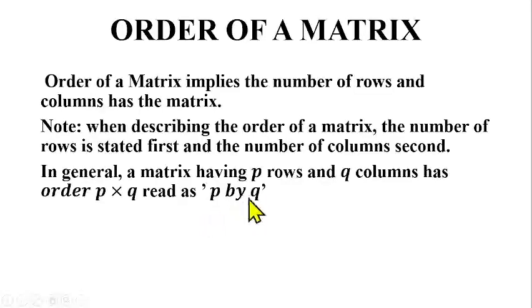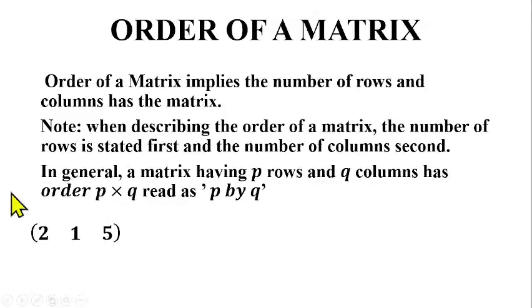This times sign means "by" when it comes to matrices. So when it comes to order of a matrix, we say p by q verbally. Do we understand that? Now let's see an example.